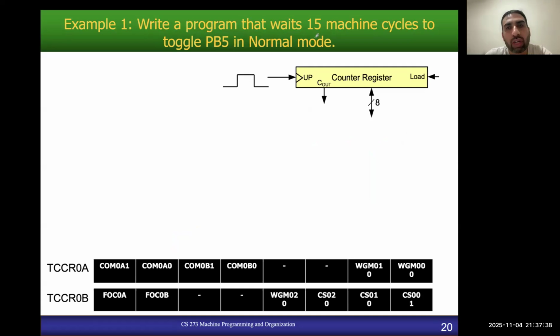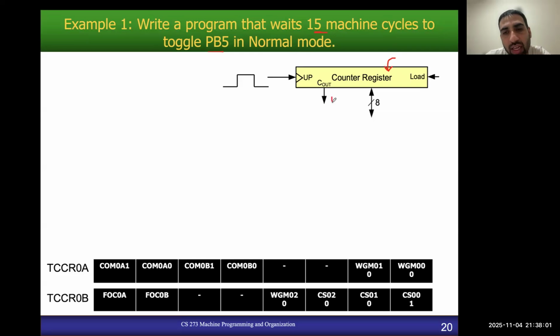Okay. So write a program that waits 15 machine cycles to toggle PB5 in normal mode, right? So it means that we need to initialize this register such that after 15 cycles, the register overflows, right?